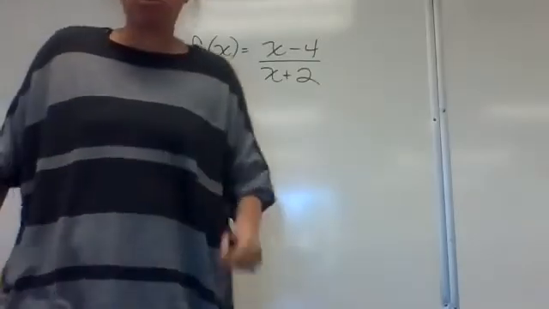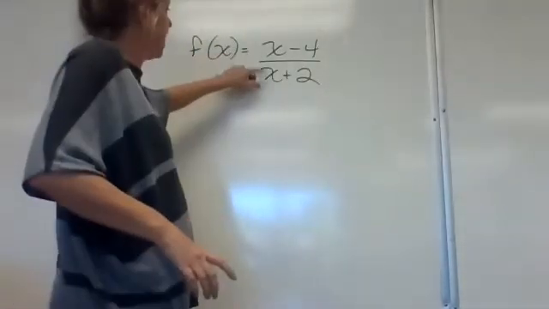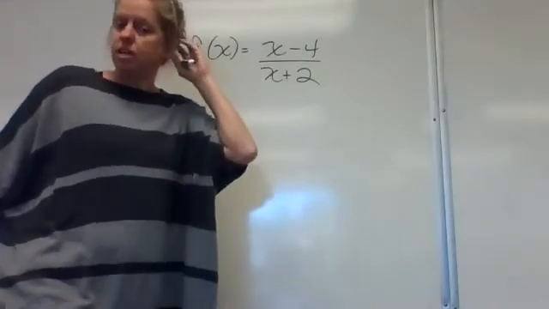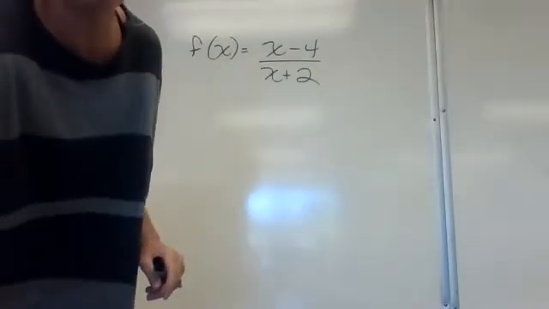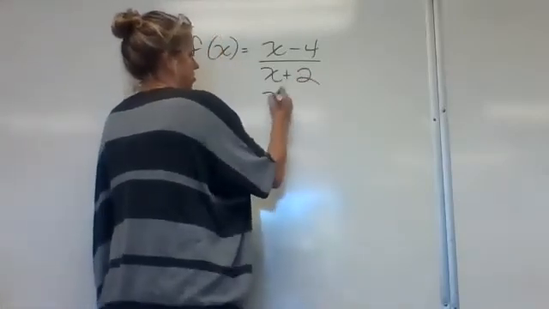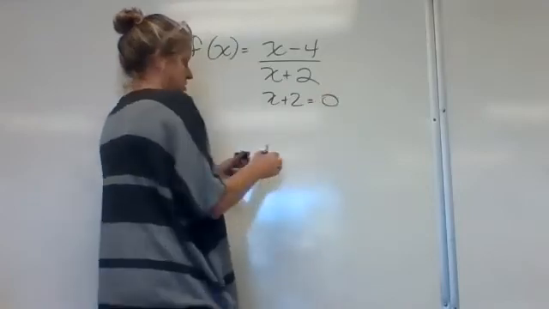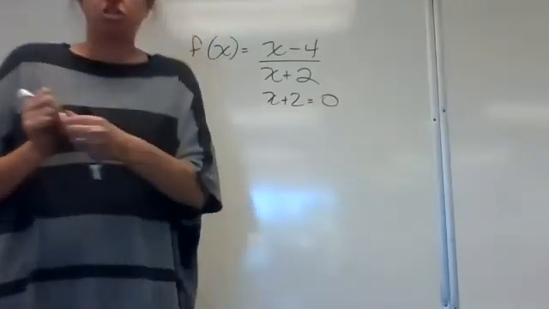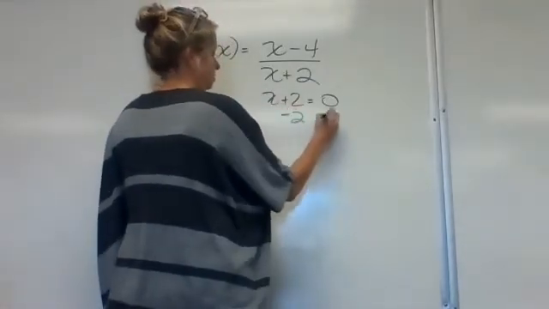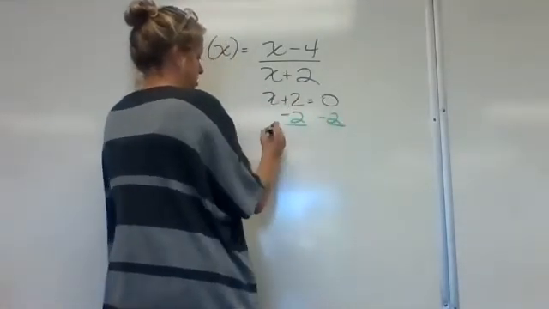All right, let's find the zeros of the top and the bottom. Look, they are just x's, which means each one of those is just going to have 1 zero. Okay, let's see the denominator. What makes it equal to 0? Let's solve it for x by subtracting the 2 from both sides. So x equals negative 2.